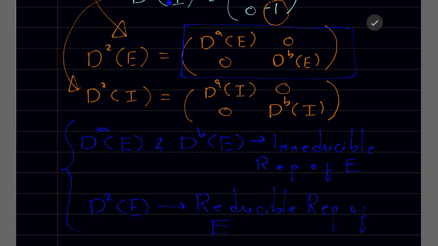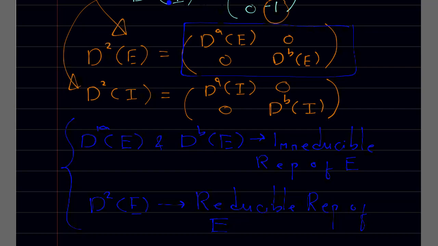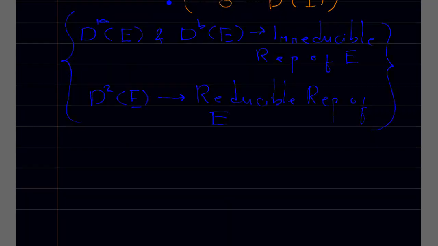So you can have a basis where the action of E can be represented in a 1D way, and it turns out that your 2 cross 2 matrix can be written in terms of the old representation when you had one basis. Okay, just keep it in mind. Only these words, I want you to keep these words in mind.